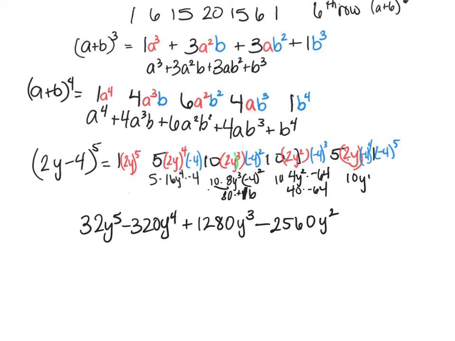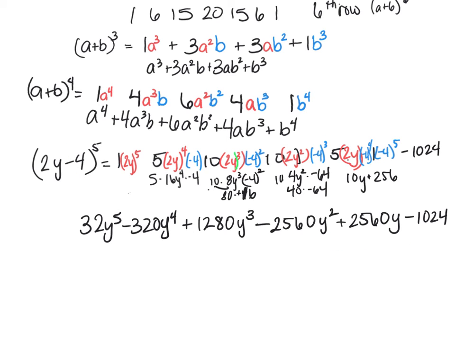And negative 4 to the fourth is times 256. So that also is 2,560y. And negative 4 to the fifth is negative 1,024. So minus 1,024. So notice that my negative signs alternate because I have the minus in here.